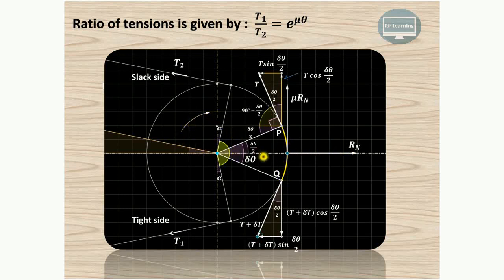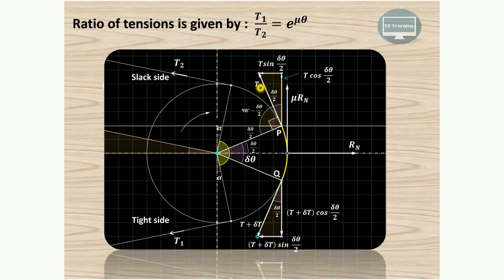If the rotation is in the clockwise direction, then the frictional force is mu into Rn, which will be acting in the opposite direction. Then as this is the tight side, we have considered a small element PQ, and at point Q the tension will be slightly larger than the tension on the slack side, so it is T plus delta T.